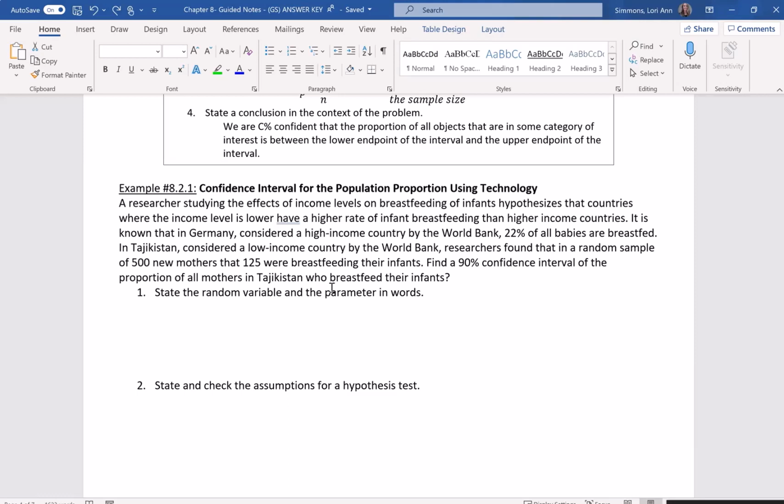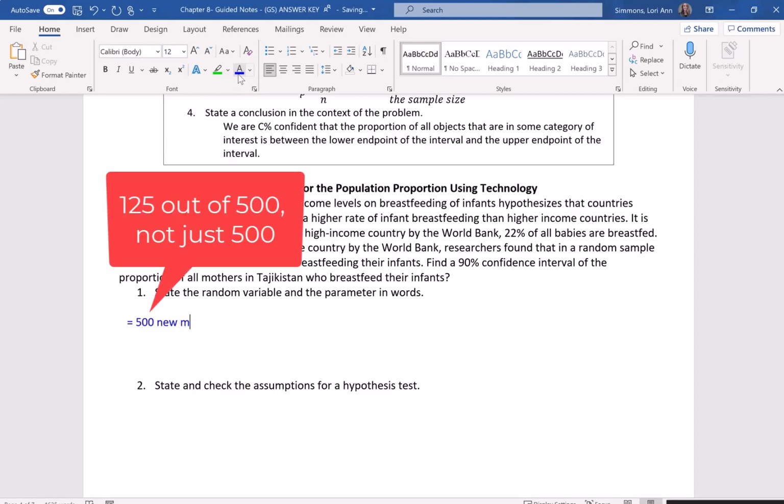So this would look very familiar. We did this example with hypothesis testing, so you can go back and refer to that if you want. So let's think about these first couple of steps. So state the random variables. So we're going to do p hat first. So 500 new mothers in Tajikistan who breastfeed.